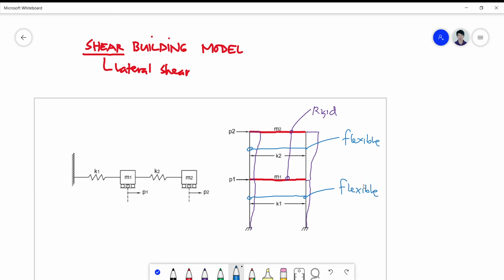That's why when a member is flexible, it is given by the inverse of flexibility. Normally, the property is a K value. So the equivalent system for the shear building model is actually the mass spring model.